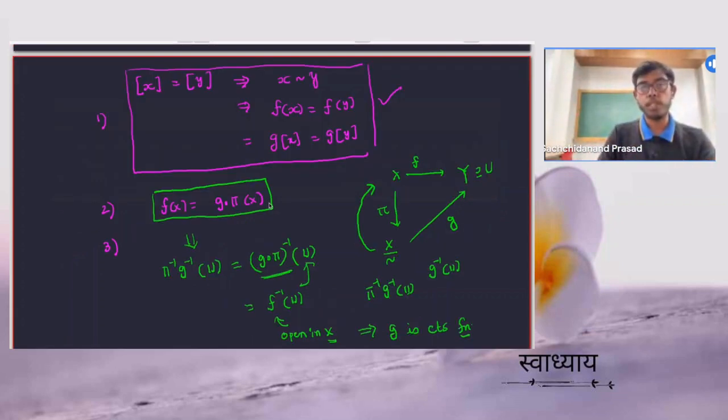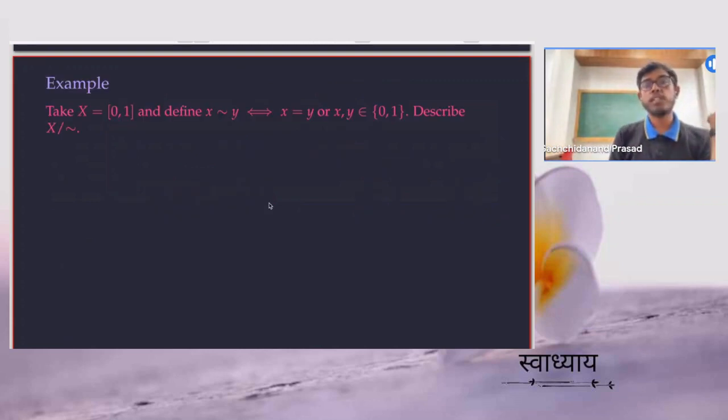Okay, so let's discuss the first example. I'm taking X to be [0, 1]. I've already made the picture. And now I'm defining the relation on X as x equals y, or x, y belong to {0, 1}.